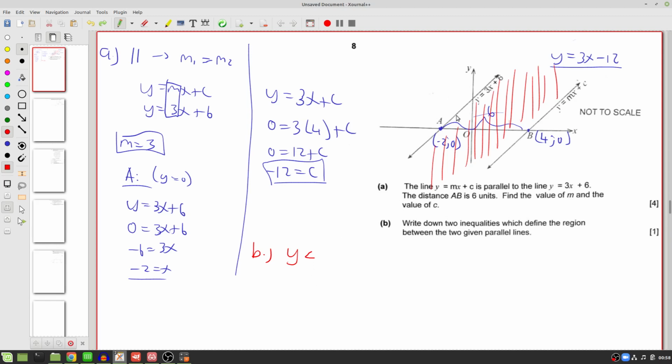We just want less than that line, greater than this line. So y must be less than 3x plus 6, and y must be above, which is greater than 3x minus 12. And that's it. It would also have been completely fine if you said that y is between 3x minus 12 and 3x plus 6.